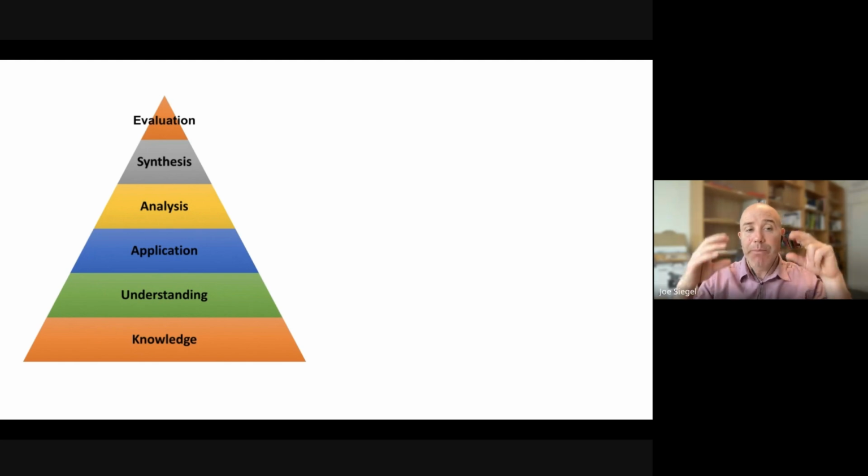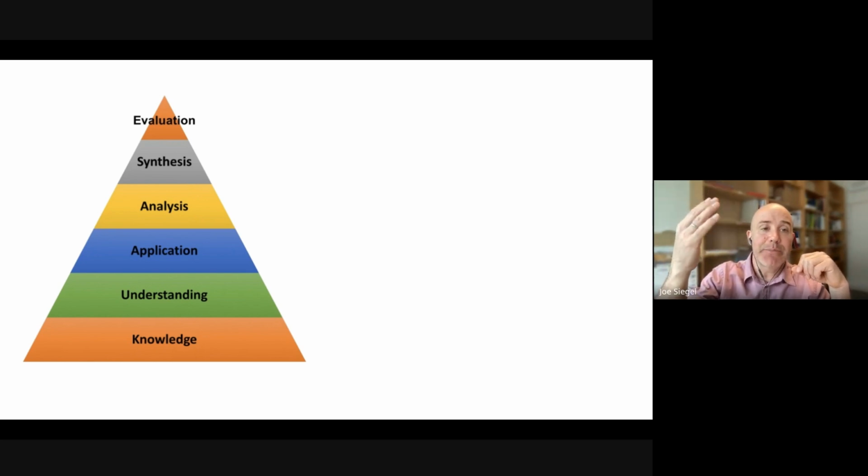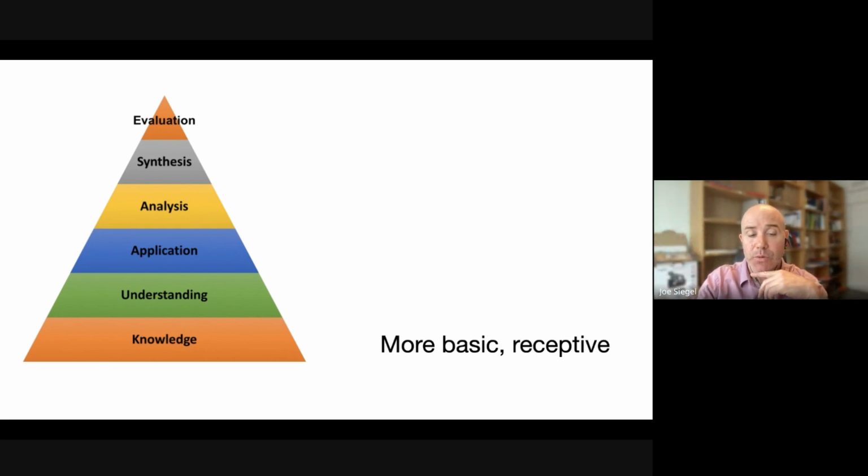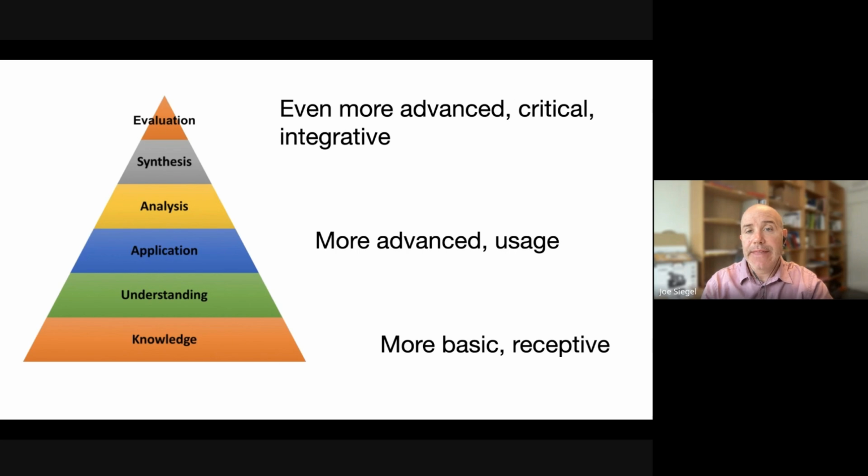But then moving up to a more advanced level, we are applying the concepts, analyzing, and then even at the top, being able to evaluate this system and discuss pros and cons of a system, for instance. So we start in this taxonomy with more basic receptive skills. We get to more advanced using the skills or the knowledge, and then even more advanced being critical of different approaches, more integrative of different approaches.